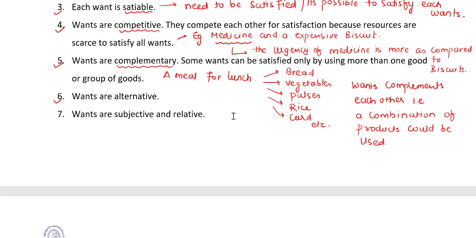The next is wants are alternative. So there are various alternatives available to satisfy your wants. And wants are subjective and relative. So yes, it is true. The wants are subjective and relative. It differs from person to person.